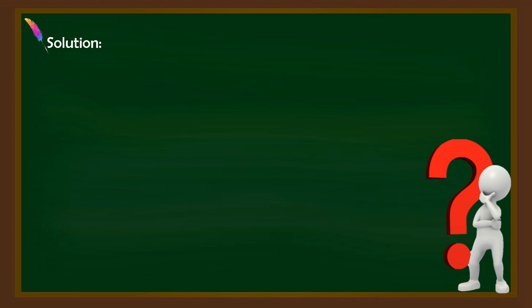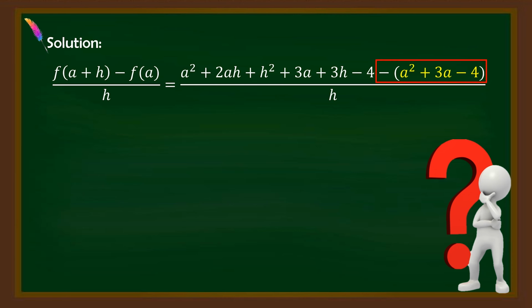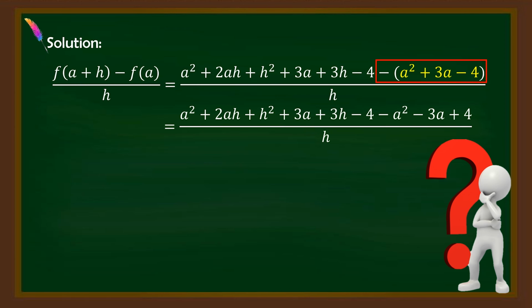To continue the solution of the previous example, distribute the negative sign to the terms inside the parentheses, which yields a squared plus 2ah plus h squared plus 3a plus 3h minus 4 minus a squared minus 3a plus 4 all over h.